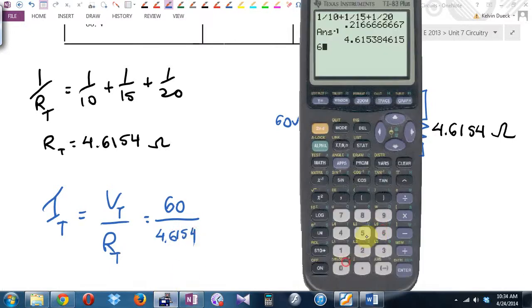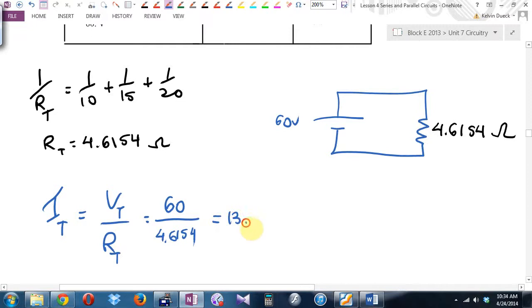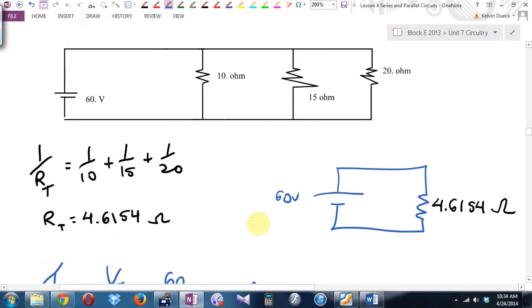I'm going to go 60 divided by, I'm going to use my answer button. What's the total current in this circuit? Oh, 13 even? Nice. So going back to my original circuit, what that means is I have 13 amps going off that way.